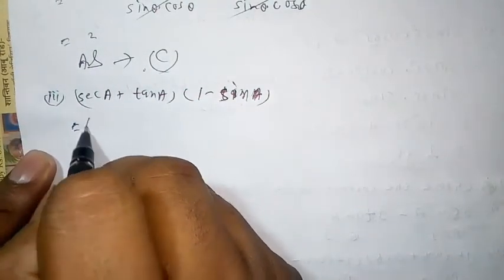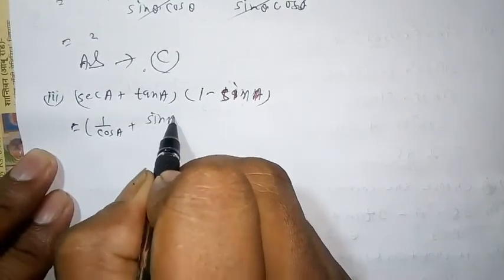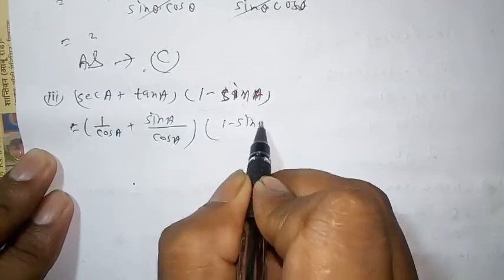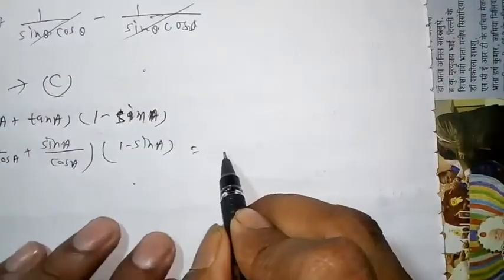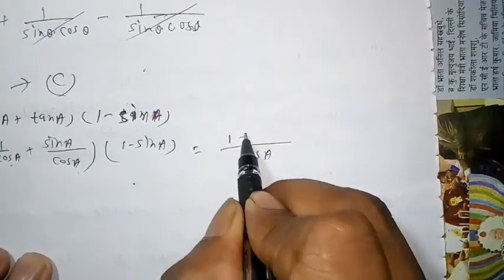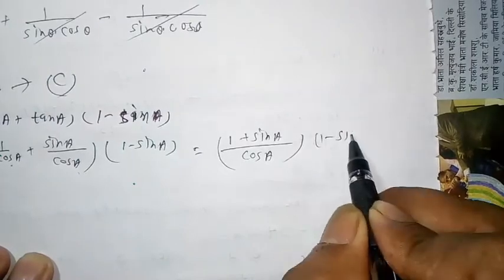Sec a is equal to 1 by cos a, plus tan a is equal to sin a by cos a, into 1 minus sin a, is equal to, taking the LCM cos a, (1 plus sin a) into (1 minus sin a).